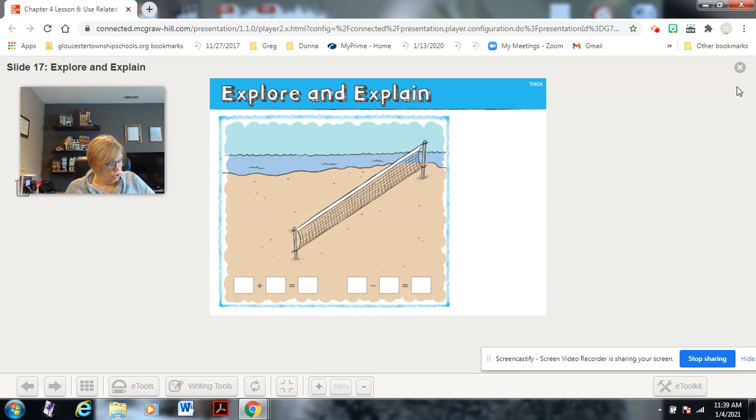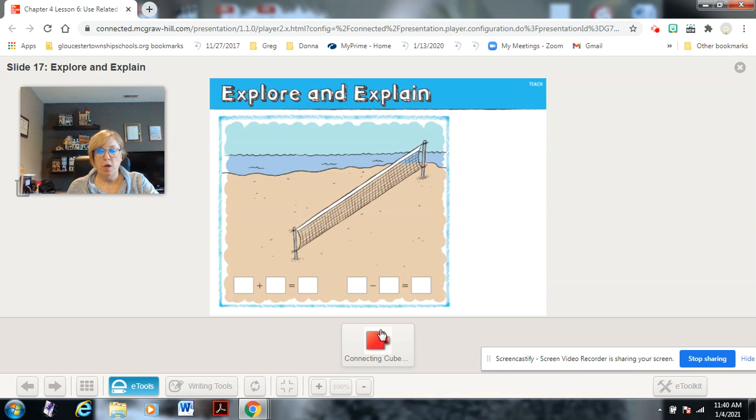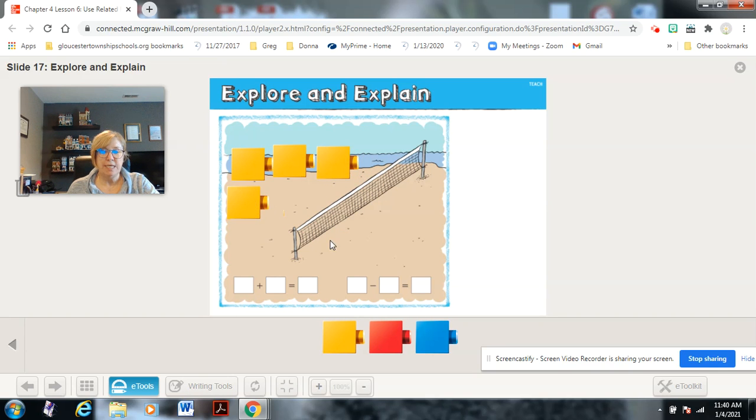They would like you to have 6 of one color because that's one group of players on one side. So for me, I'm going to take 6 and put them on one side of my net. I'm going to leave a little space because I want to be able to see my 6 players. And on the other side of the net, I should have 8.